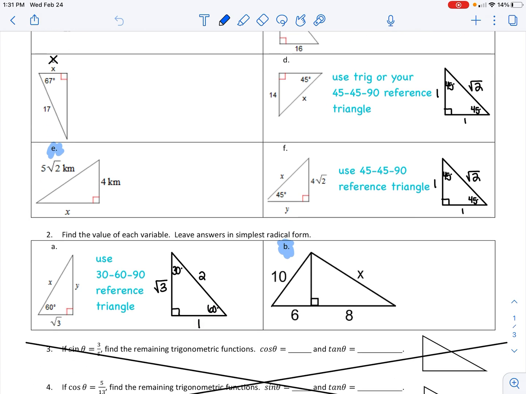Okay, so with part E, anytime you are not given an angle measure here or here, and you're only given a 90-degree angle, that means you have to use the Pythagorean theorem. You cannot use trig or your reference triangle. So we're going to use the Pythagorean theorem to find our missing side length, x.